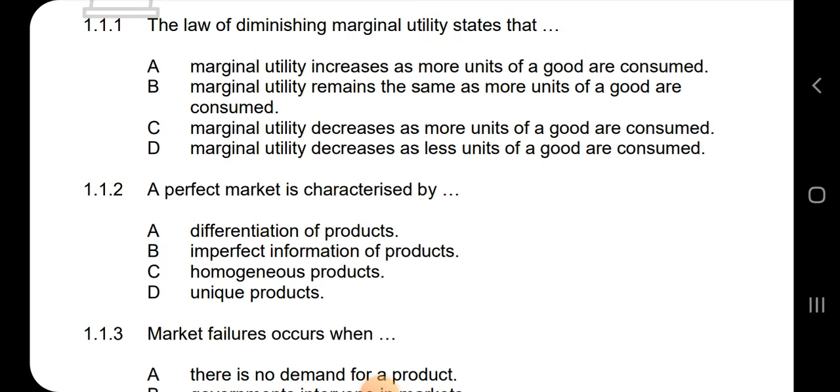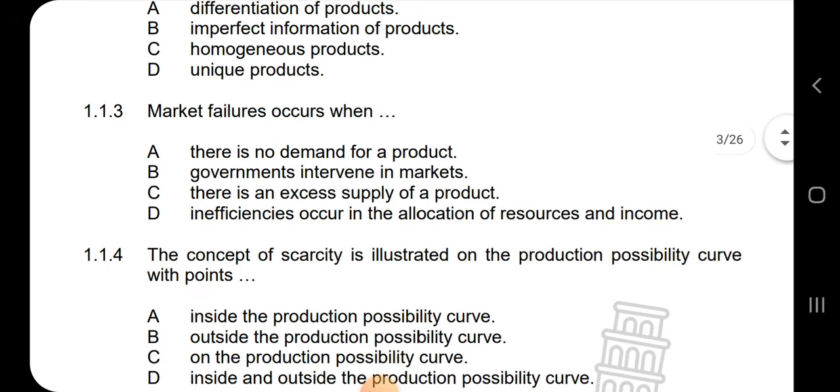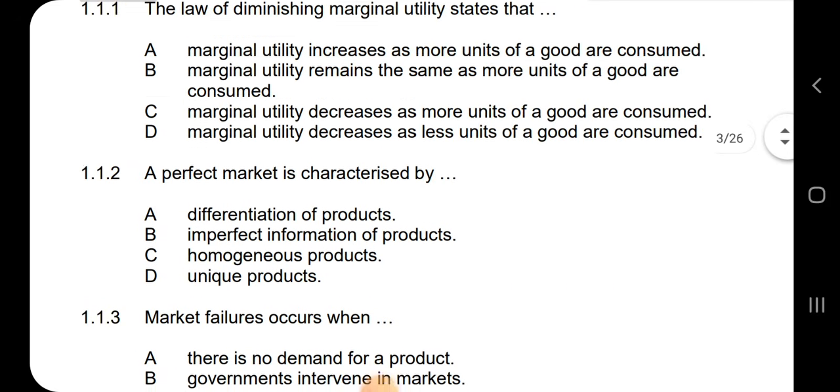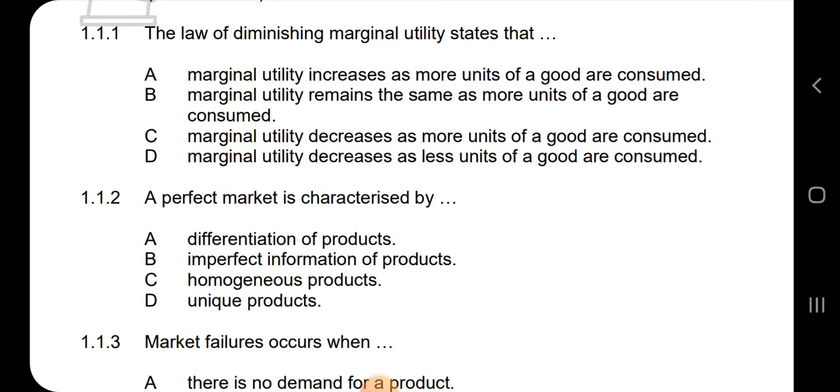Products are the same, okay, in a perfect market. So it's characterized by homogeneous product, okay? Just know that. If you didn't know, now you know. So 1.1.1 is C, 1.1.2 is C.